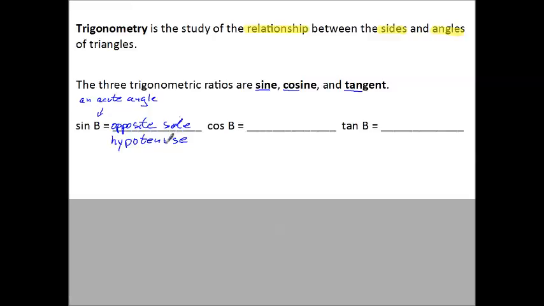The cosine of angle B is the length of the adjacent side over the length of the hypotenuse.